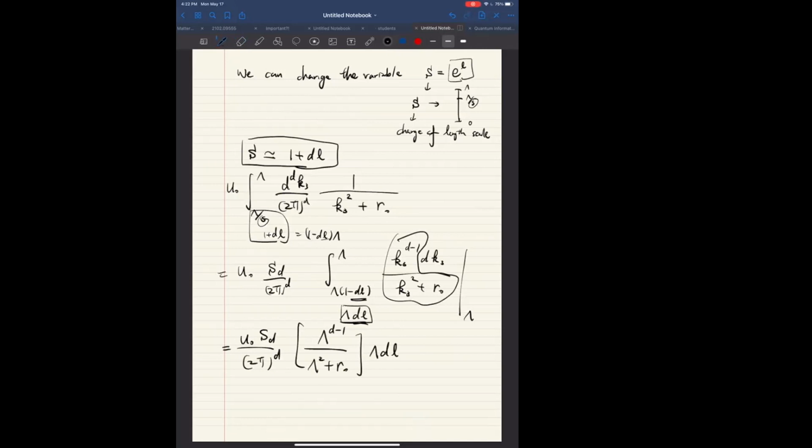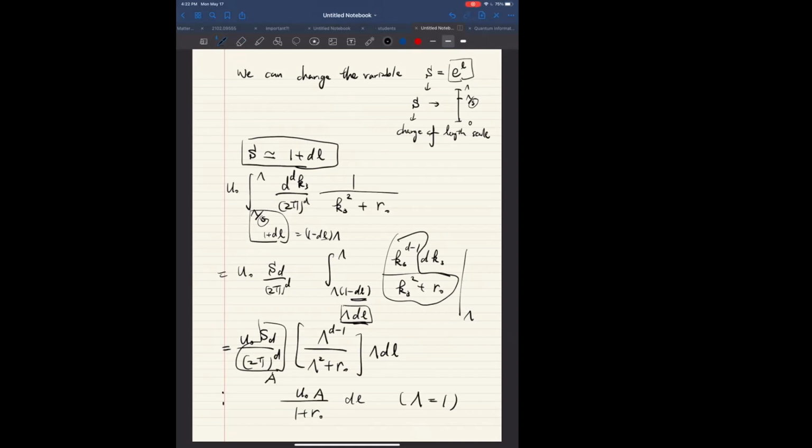So this is just an integral you directly get. Let me define all the constants by A, then it's nothing but u naught A divided by 1 plus r0, times dl, defining the cutoff as 1. So I just rescale my largest momentum to be 1 in the system for simplicity.